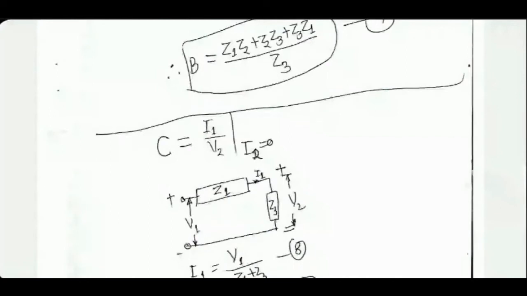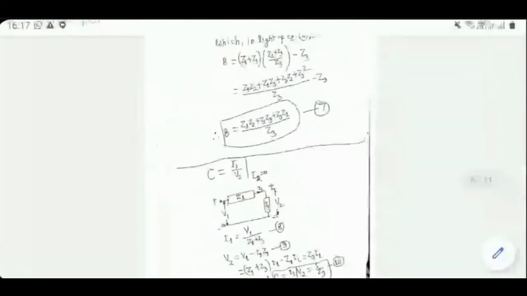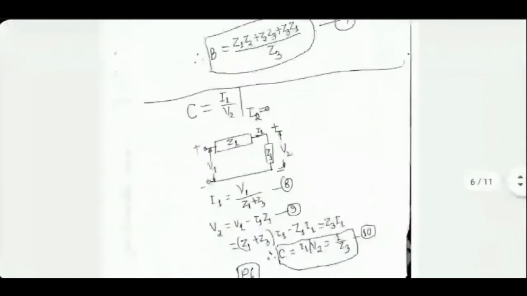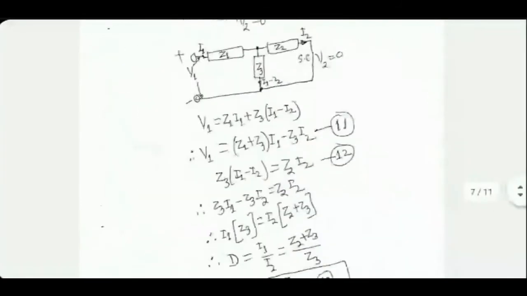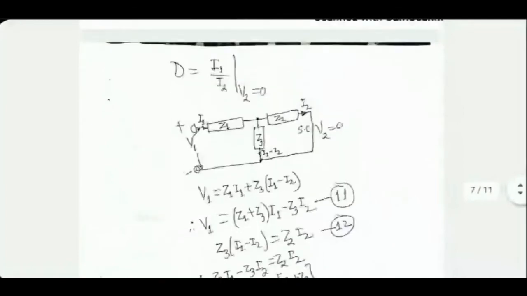V2 is across Z3 and I1 is flowing through it. So I1 divided by V2 is simply 1 upon Z3. Simple answer. Fourth one is I1 divided by I2 when V2 is 0. This also can be done reasonably easily.